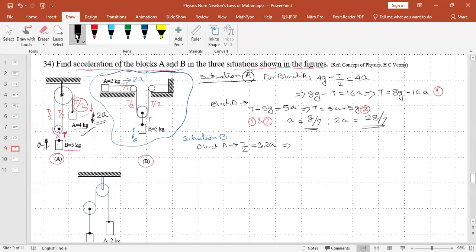From there, we easily get tension T equal to 8A.